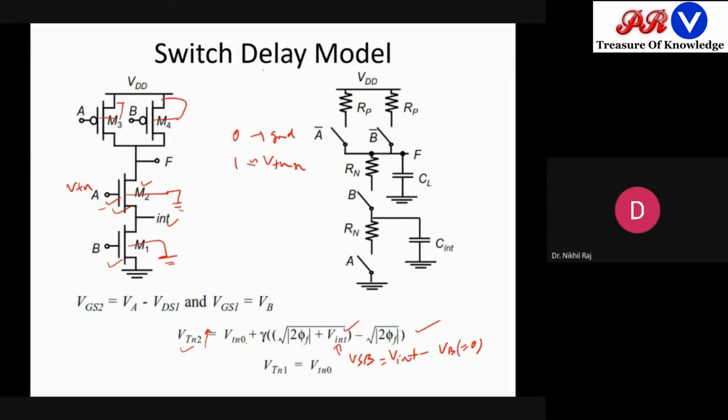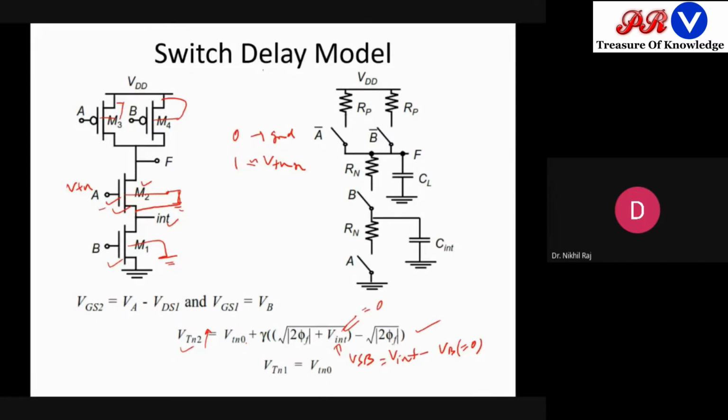So that is one problem with the series connection, because a body effect can come. In that case, one solution is you do not connect that body to ground, or connect this body directly to the source, so that this VSB effect comes to 0. Okay, this is the first observation.